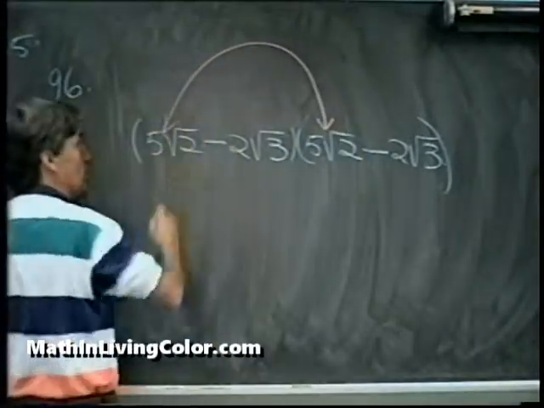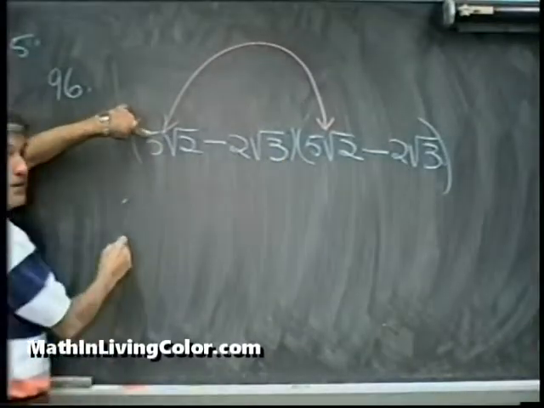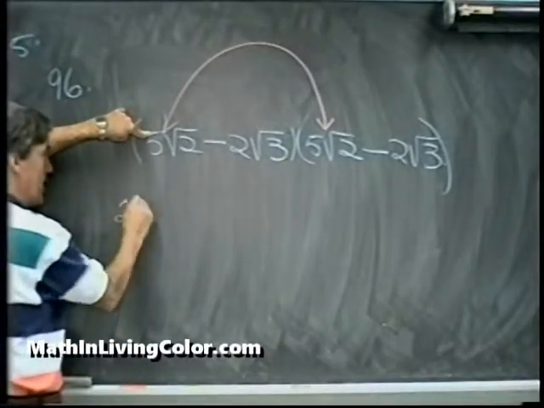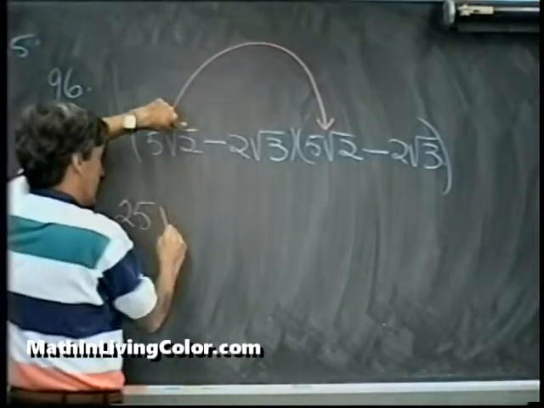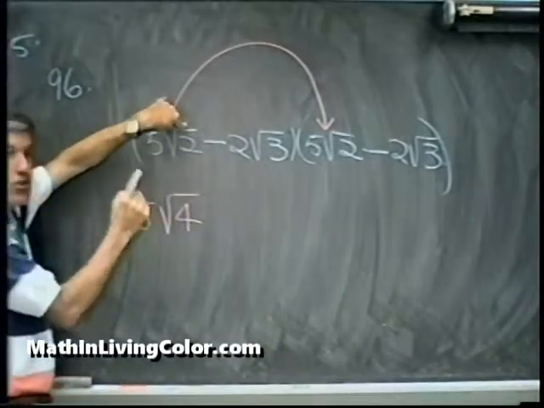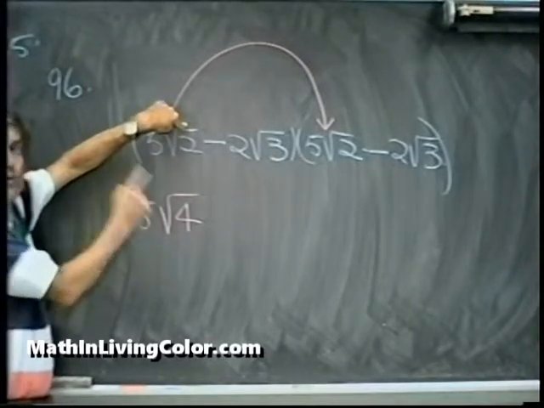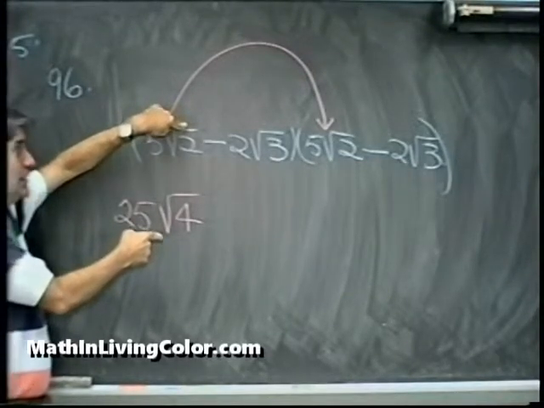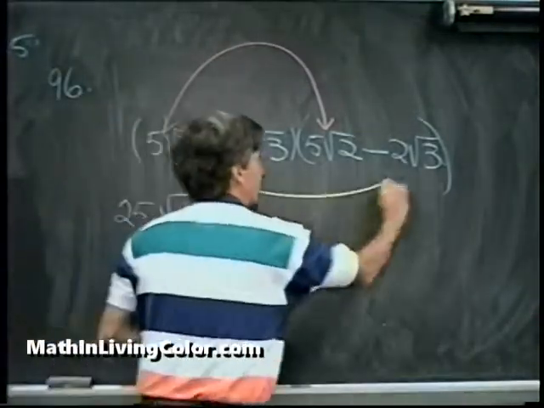What's first times first? 5 times 5? 25 square root of 4. Or if you want to take a shortcut, you can say times 2, but don't say square root of 2. Okay? Now that's the first times first. Then we'll do the outer times outer.